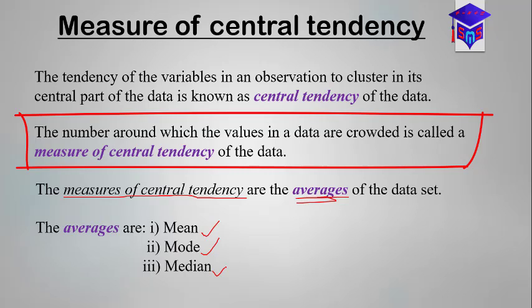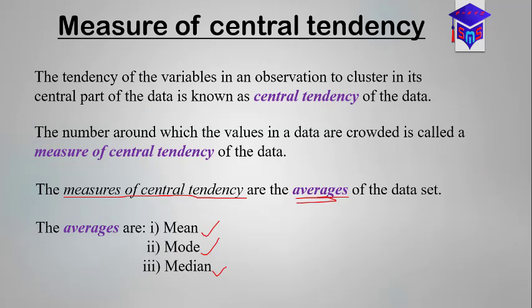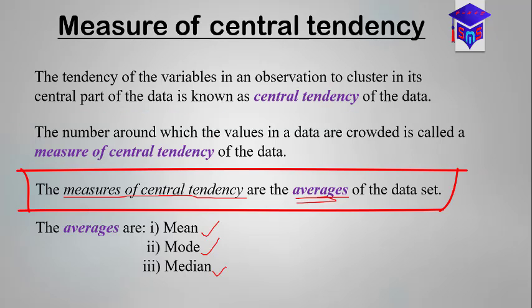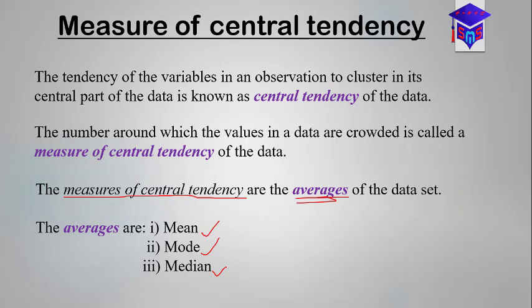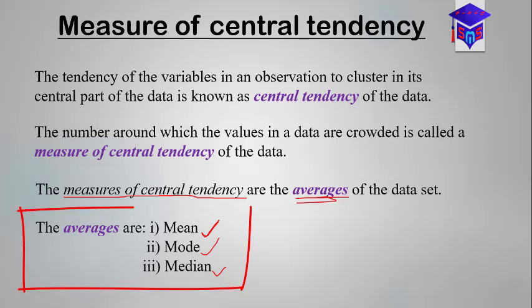As we said, the measures of central tendency are the averages of the data set. The data always looks to be crowded around its averages, and we have three averages: the mean, the mode, and the median.